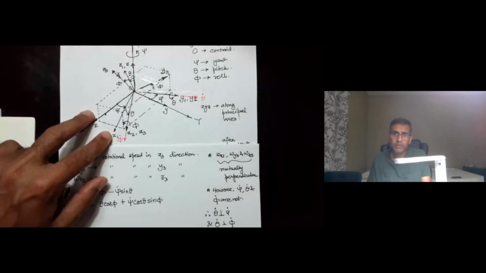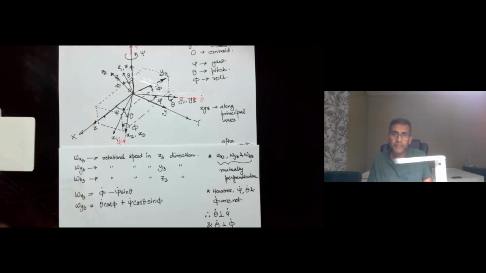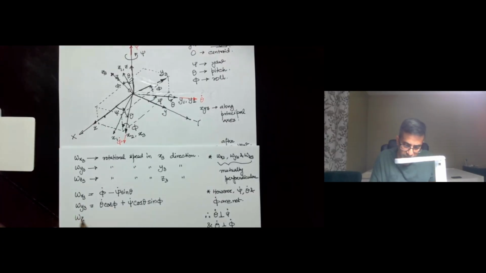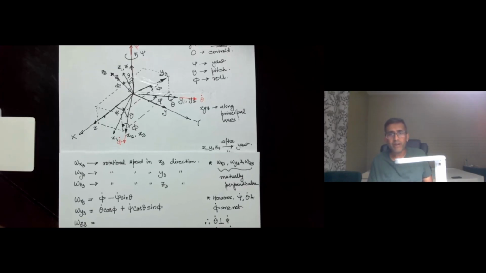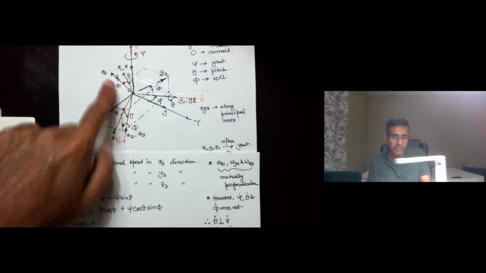Right, and then we go to omega z3. Omega z3 is the net angular velocity in the z3 direction.